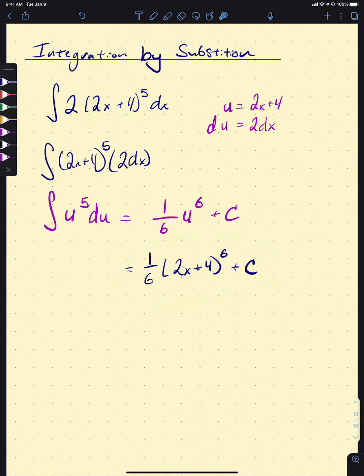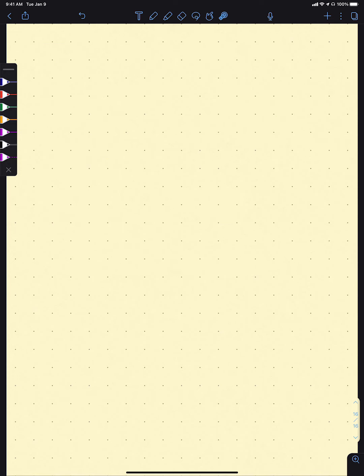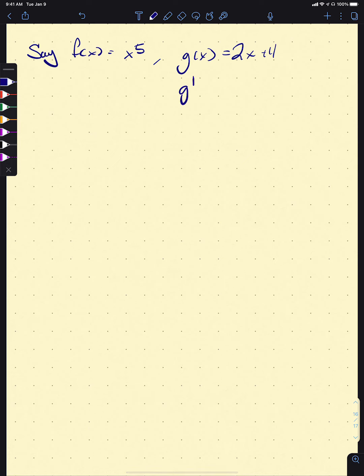Here's the basic idea behind why this works. Again, this is the analog of the chain rule. Let's say f of x is x to the fifth, and g of x is 2x plus 4. Notice g prime of x is equal to 2.